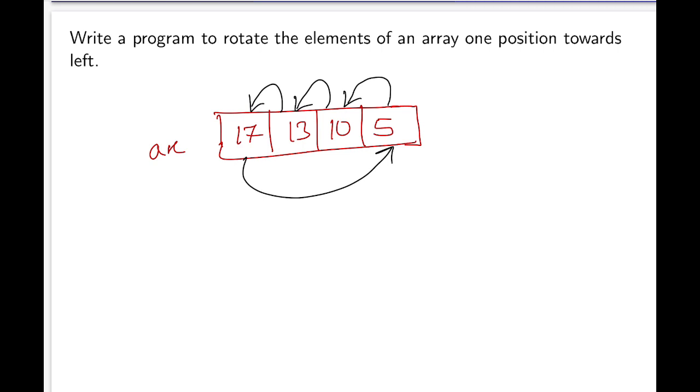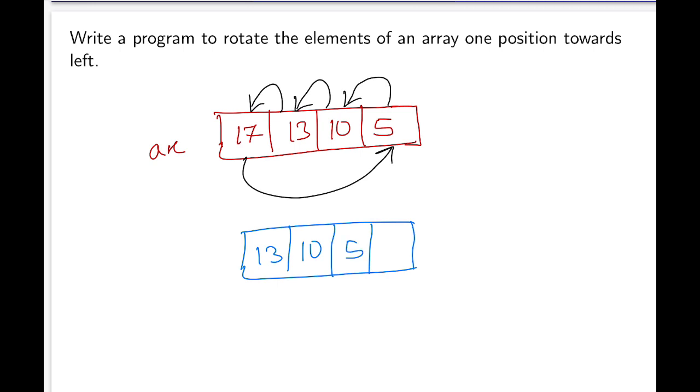Or we can say the new positions of the elements in the array are like this. So it is 13, 10, 5, then 17, and here the indexes are 0, 1, 2, 3, 0, 1, 2, 3, like this.